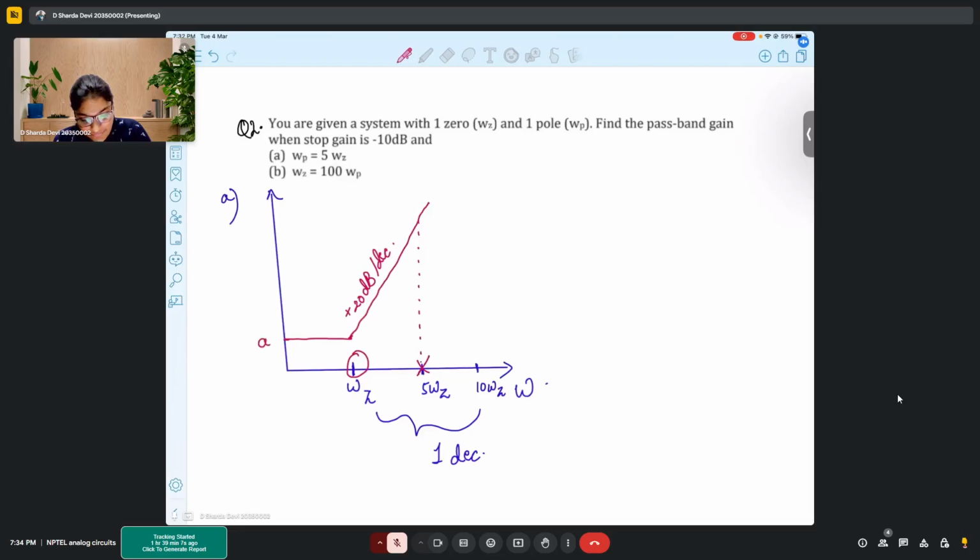So let's say it was A, and the slope would have gone on my curve till here.